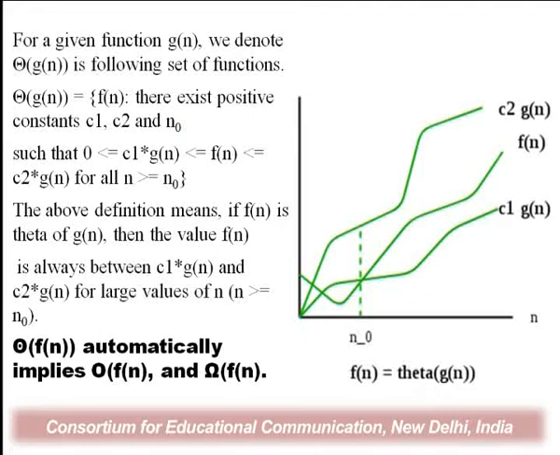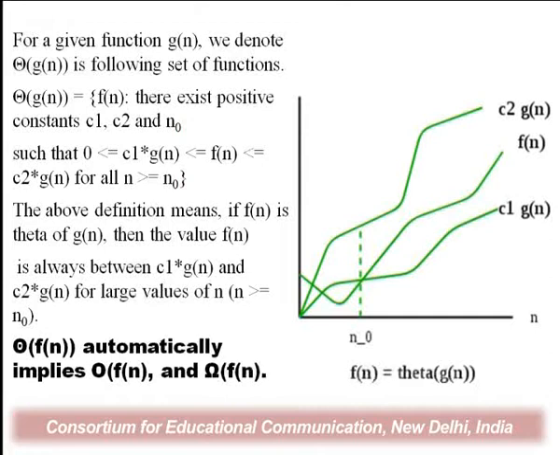So, for a given function g(n), we denote theta of g(n) as the set of functions such that there exist positive constants, C1, C2, and a third constant n0, such that f(n) is sandwiched between C1 g(n) and C2 g(n).